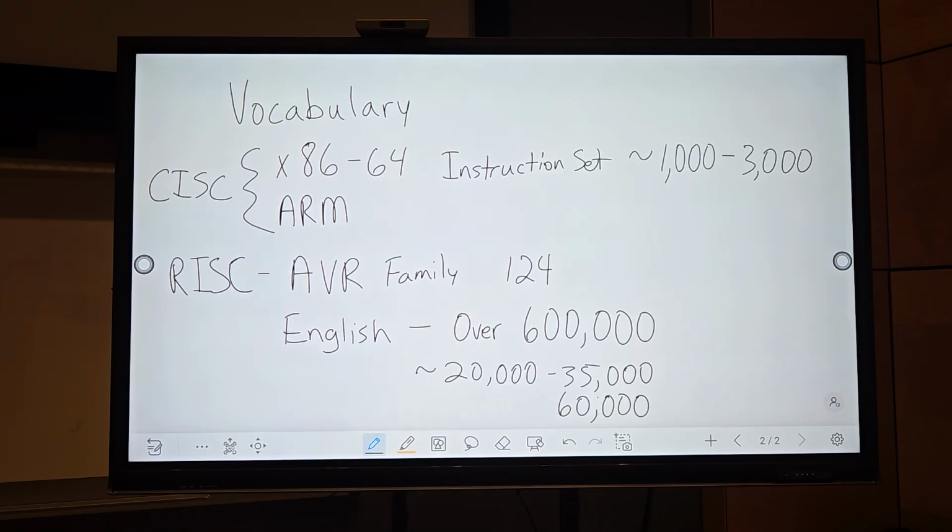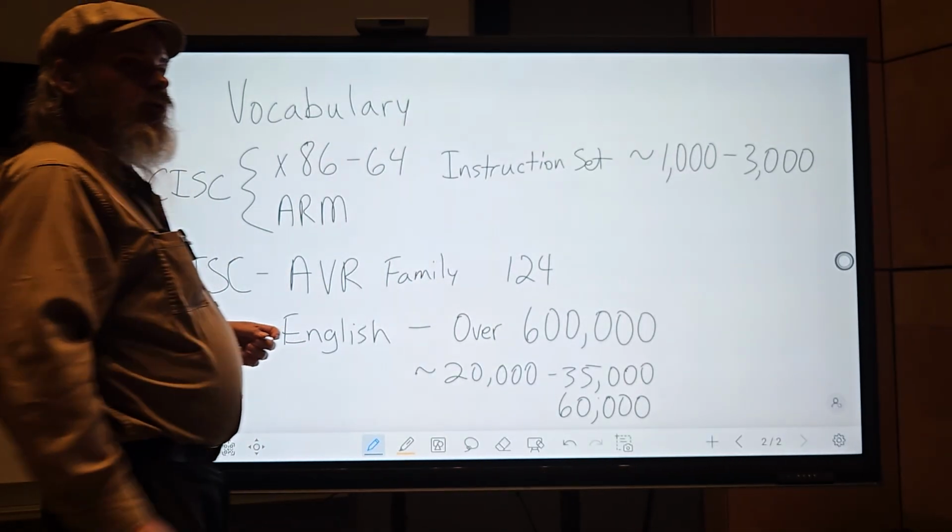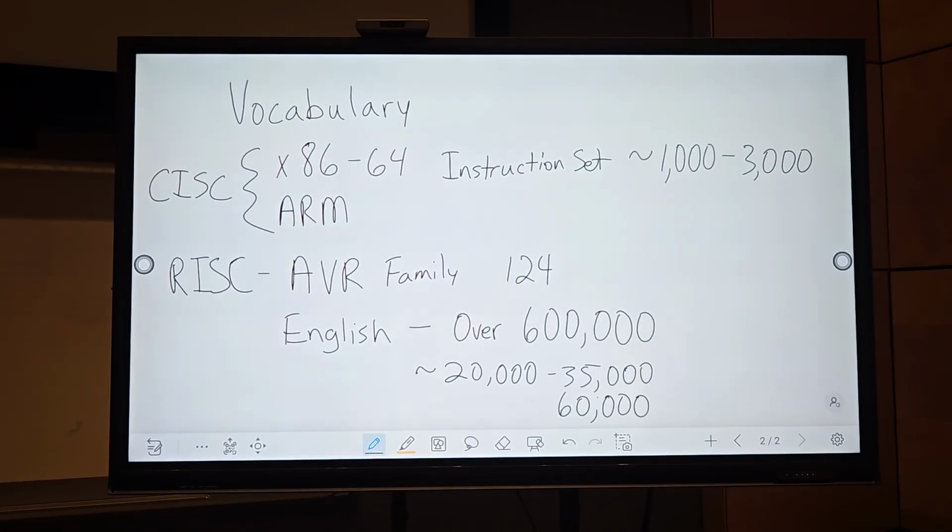But which would you rather learn? 60,000 words or 124? 124, that's a piece of cake. I mean, learning the vocabulary in elementary school takes a few weeks, so that's how simple the vocabulary is for processors.